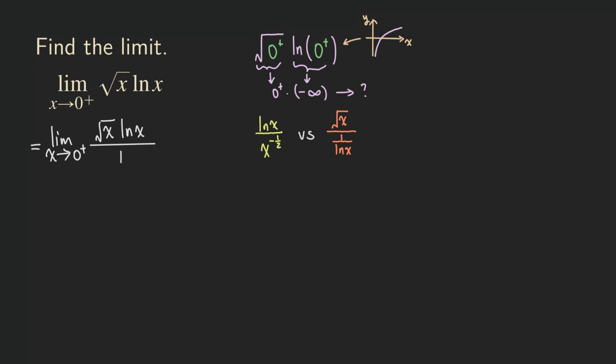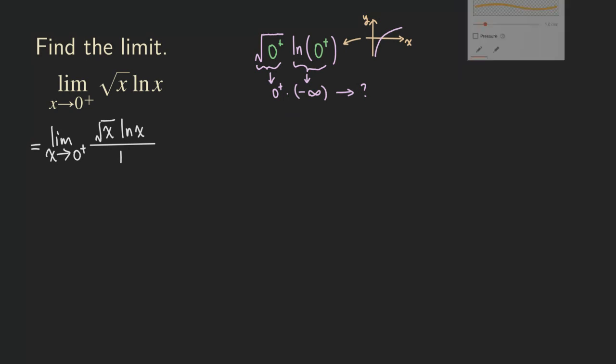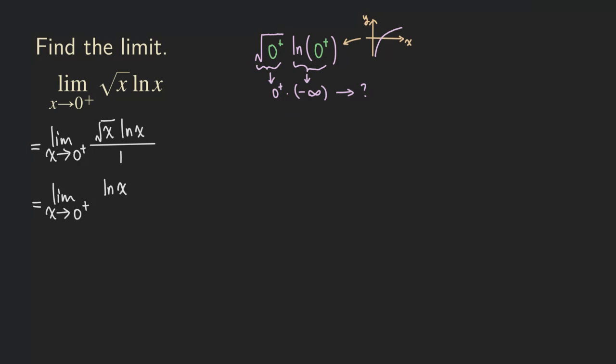Now, we actually don't need this anymore because we may need more space for our calculation, so let's move it away. So we are going to use the first case. Okay, so let's move it to the bottom. Let's just put down the limit right here, and we are going to get ln of x at the top.